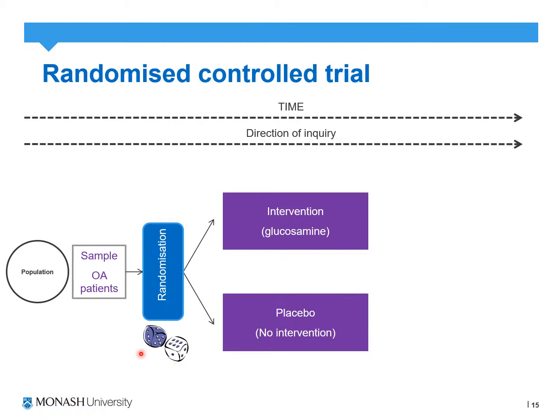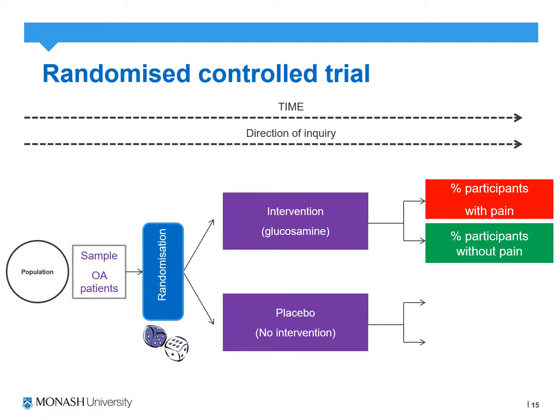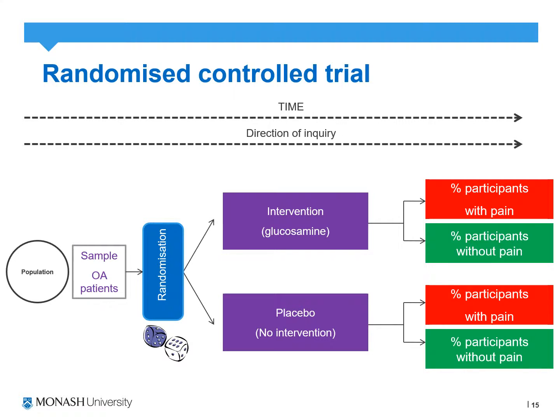So they're randomly allocated to either receive the intervention, which in this case we've gone with glucosamine, or the placebo, in which case this is the control group. So our study for this particular trial is trying to identify whether or not glucosamine has an impact in terms of reducing pain in patients with osteoarthritis.